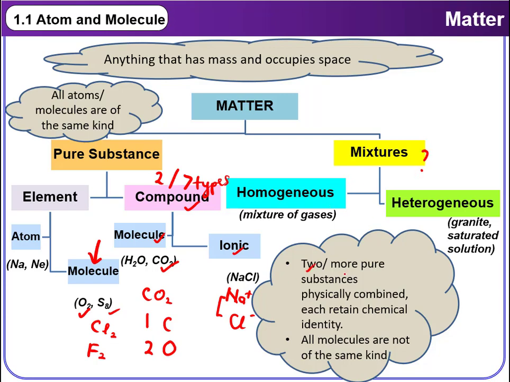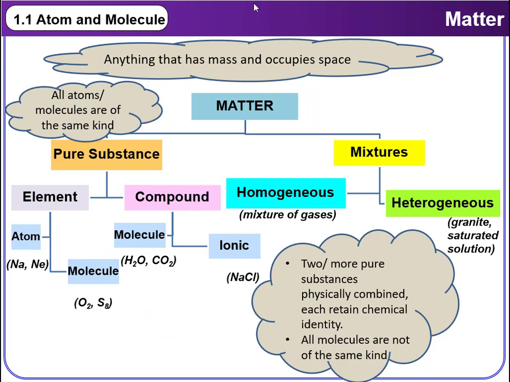It is 2 or more pure substances physically combined, which each retain its chemical identity. All the molecules are not of the same kind. So it is classified into homogeneous and heterogeneous. Okay, so what is the difference between homogeneous and heterogeneous?